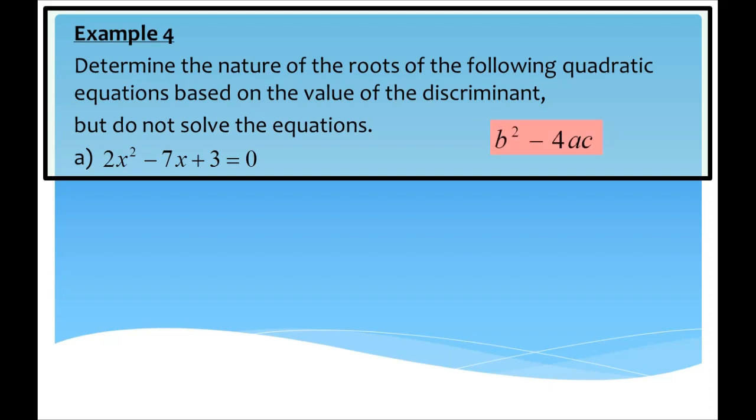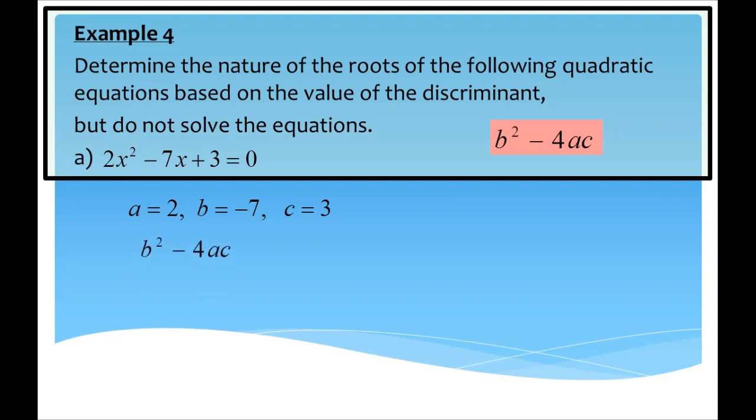So, before we use this formula, we need to determine the values of a, b, and c based on our general form of quadratic equation, ax squared plus bx plus c equal to 0. So, for this question, we have a equal to 2, b equal to negative 7, and c equal to 3.